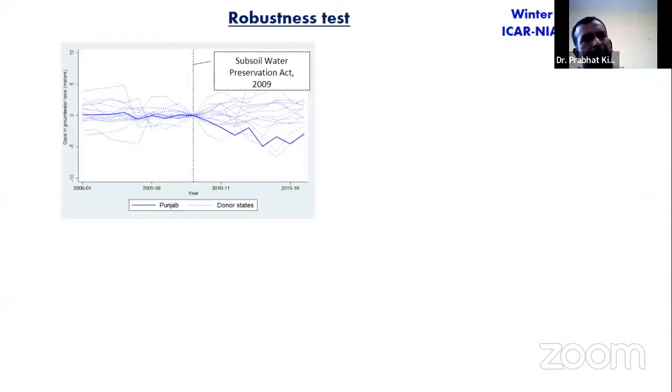Under the robustness test, what we did is we gave treatment to each state in the same year, considering that each state had received the treatment, and then we estimated the impact, expecting that a state which has not got the treatment should not have an effect larger than the state which has, Punjab.